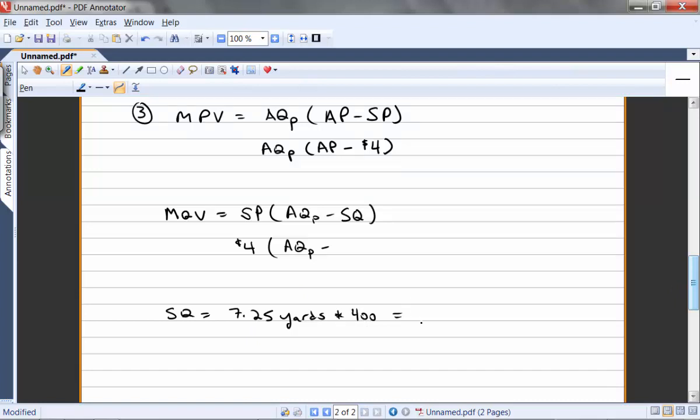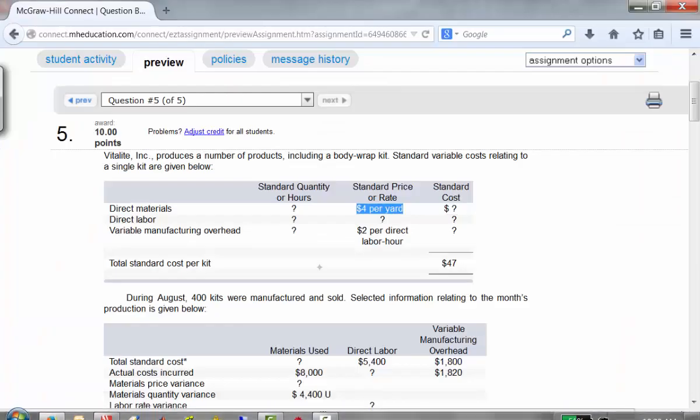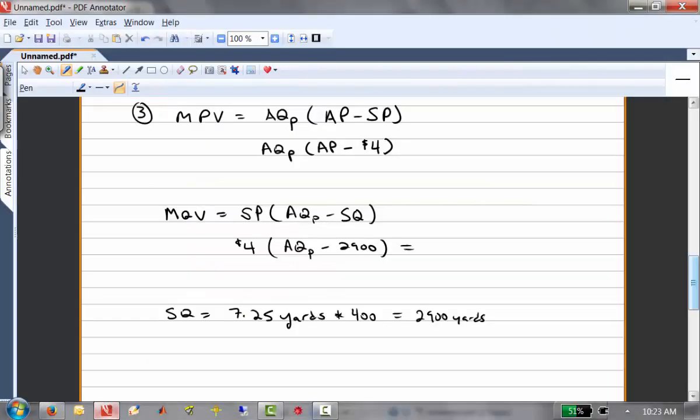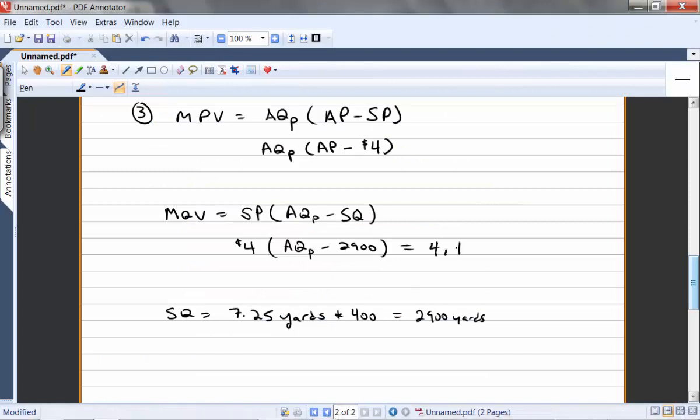So what we should have used in total is 2,900 yards. And we know the materials quantity variance, they tell us what it is. It's $4,400 unfavorable right here. So it's a positive 4,400. Positive represents unfavorable if it's a cost variance.